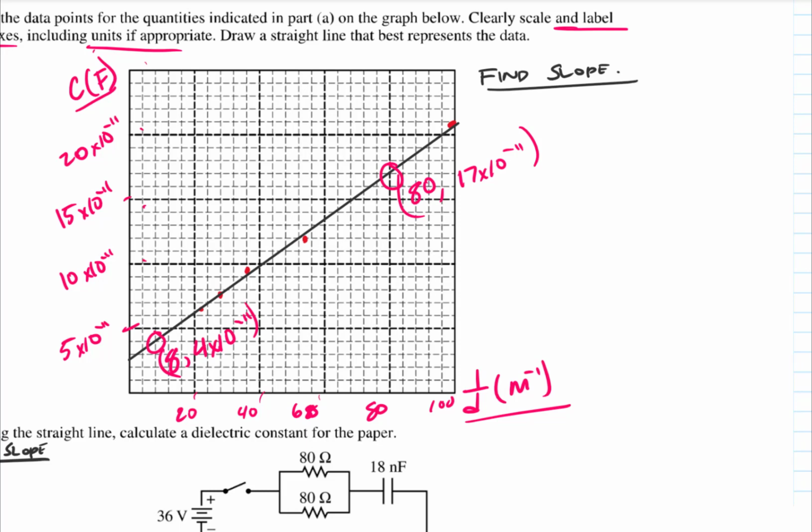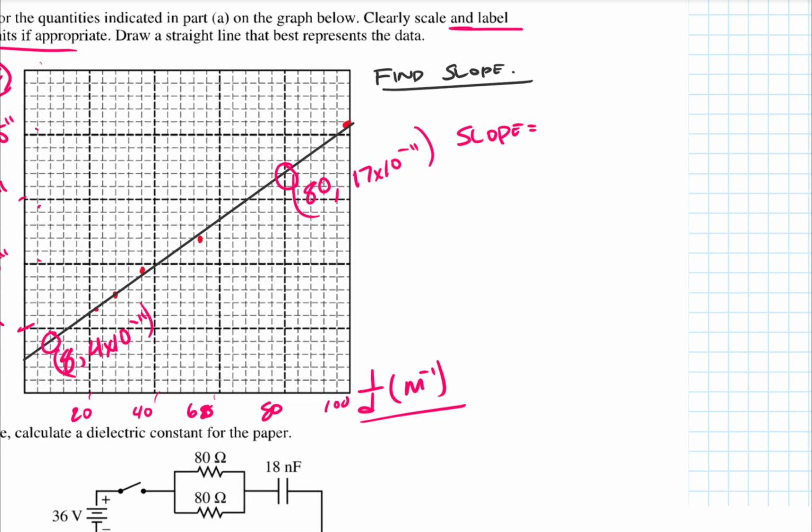And so I'm going to get my slope based on those points, right? So that's going to be 17 times 10 to the negative 11th minus 4 times 10 to the negative 11th divided by 80 minus 8.